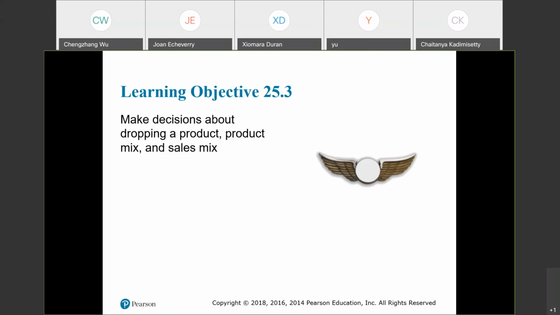That means the managers do not have to consider the irrelevant information when they make short-term business decisions. So what is relevant information? What are the two characteristics regarding relevant information? Two characteristics.